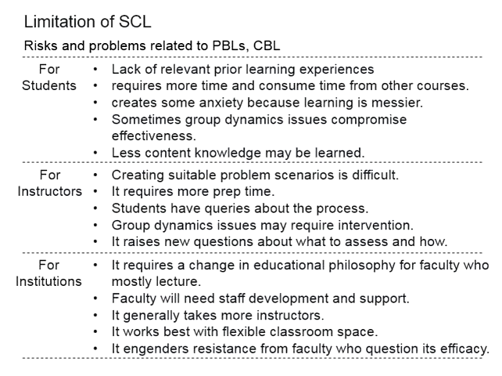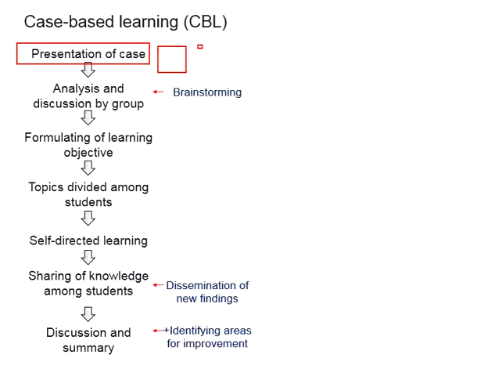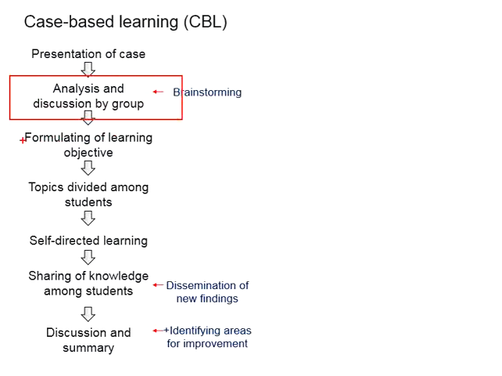Another problem related to student-centered learning is that it is more time-consuming. If you see the typical process of student-centered learning, you can structure out presentations of the case, problems, questions, project, and then analysis by the groups, formulating the learning objectives, problems, tasks, and so on.